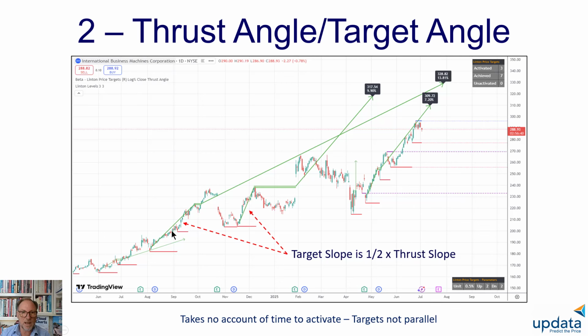On this one, it took quite a time for that thrust to develop, so it's going to take time for the target to be met. It's hypothetical, but that's the basis. Here we've got one that would happen very quickly, so it's literally straight up. So this is another method: the speed of the thrust gives me the speed of the target.